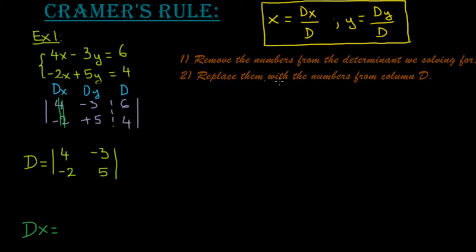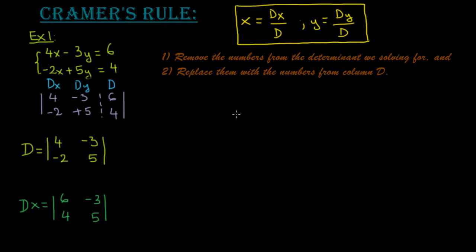Then step 2, replace them by the number from column D. So I will replace all the numbers from column D into the dx place. So we will start with 6, 4. And since this one removed is also cancelled out because you bring it into the front, we will have determinant dx as 6, 4, and -3, 5.